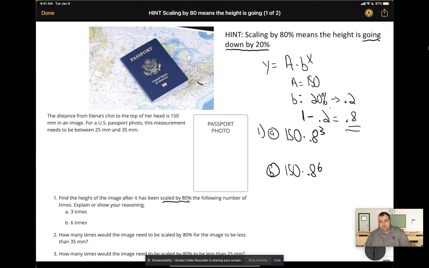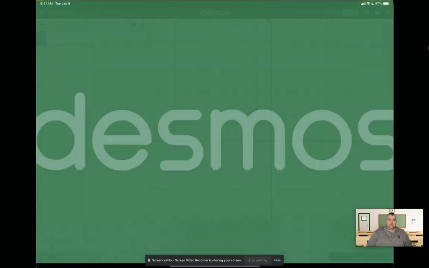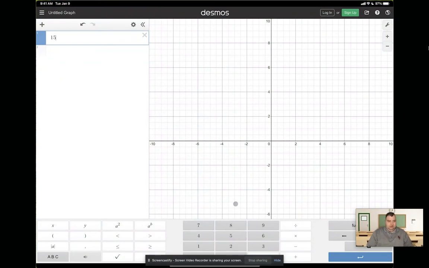All right, so what I'm going to do is I'm just going to go to Desmos and calculate this. So we have 150 times 0.8 to the power of 3, and we have 150 times 0.8 to the power of 6.